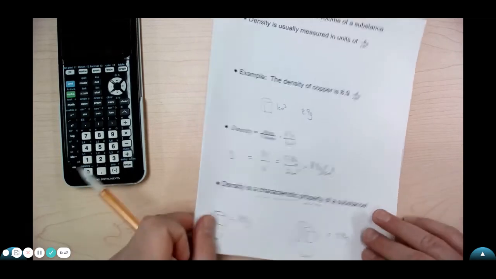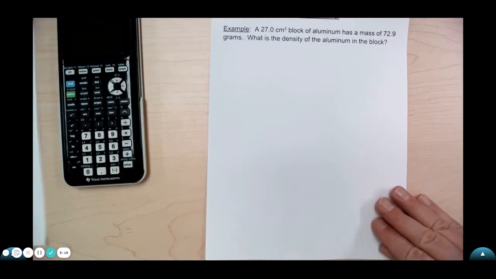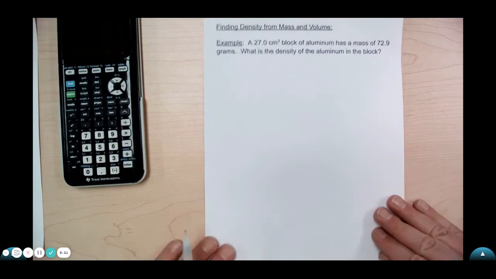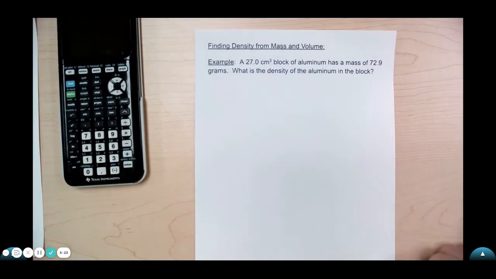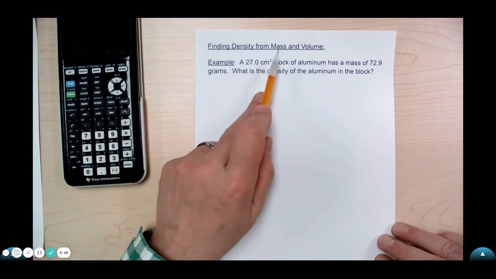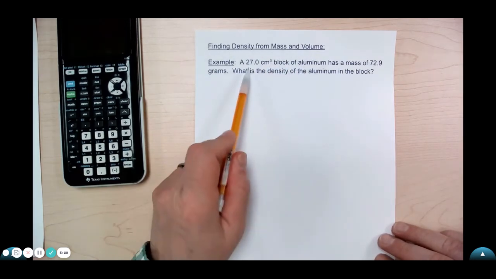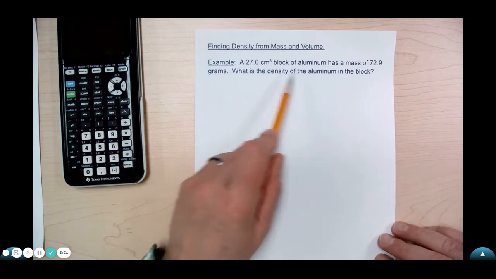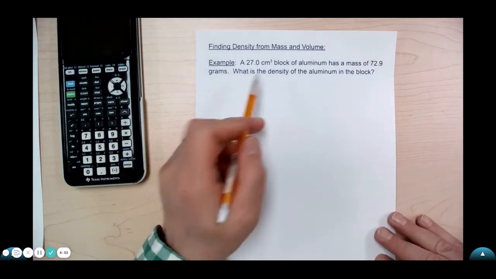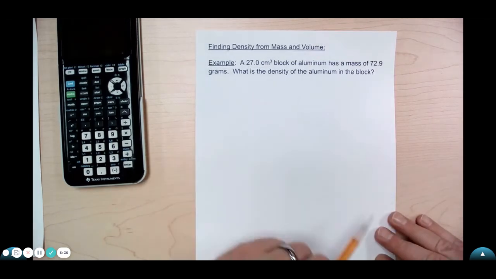Now, we'll come back to these ideas. A couple of examples that we could work through here. Let's say you want to find a density if you know an object's mass and its volume. So you've got a 27 cubic centimeter block of aluminum. You should probably identify these things as you encounter them.